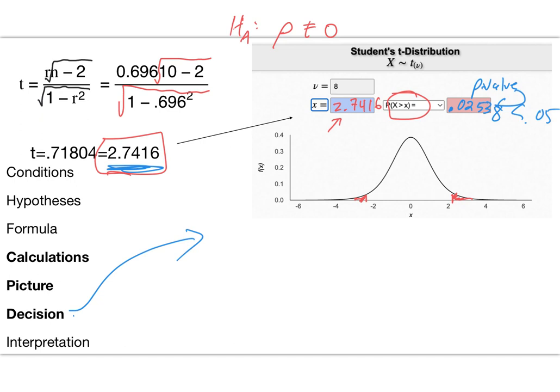If the null were true, if my correlation coefficient were indeed 0, this number, our statistic that we have, would only happen 2.5% of the time. That's too small. It's so small that it makes me say, reject the null.